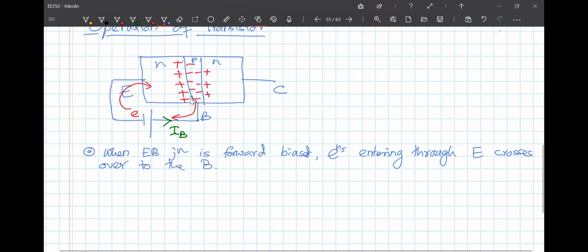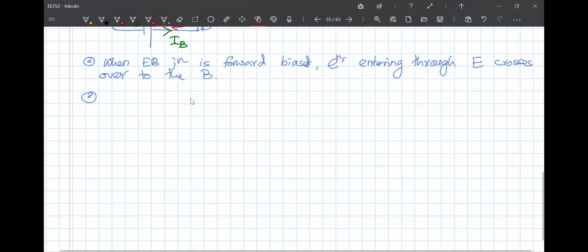When the collector is not connected, the base-emitter junction behaves as a normal diode.